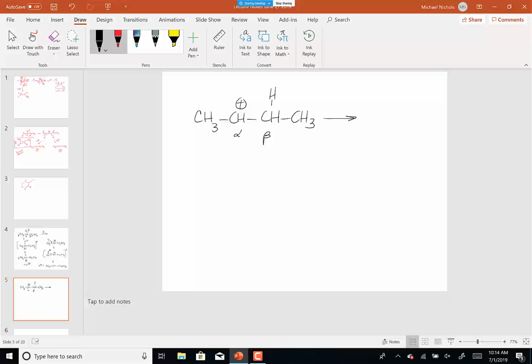What you're showing there is that the electrons are the positive charge.